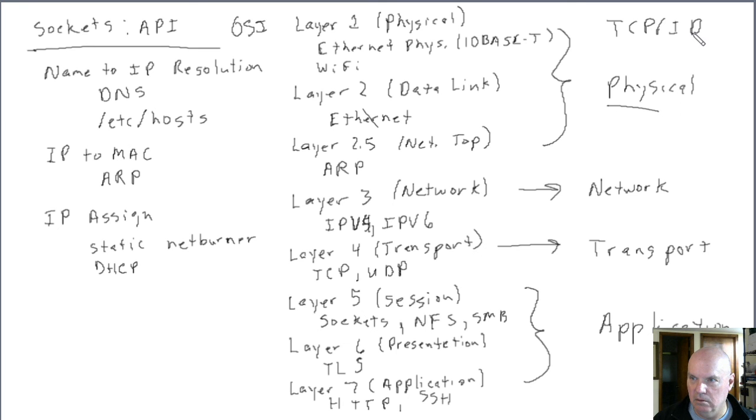It's in the model, but it may be any number of different lower levels. But the TCP/IP model does specifically define the network, transport, and different application protocols that are used.